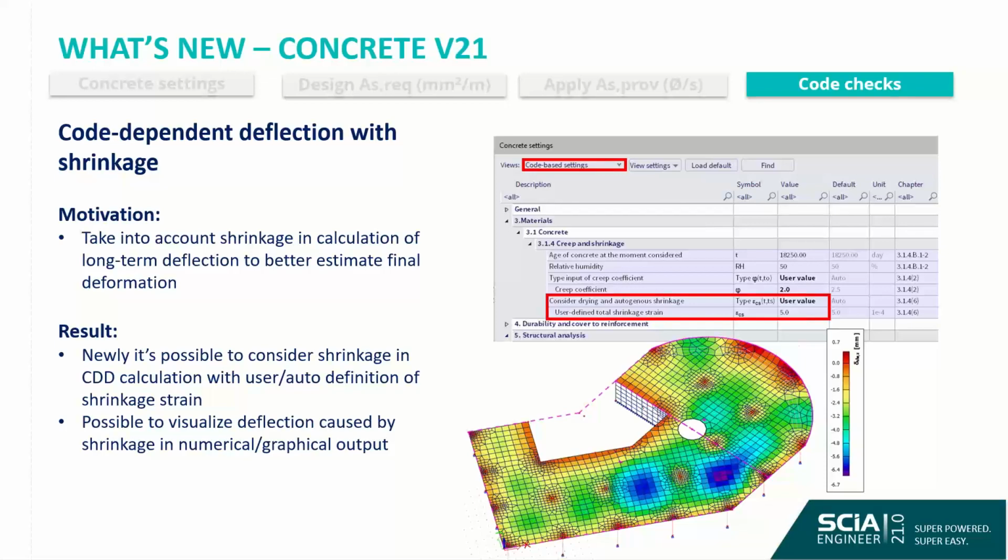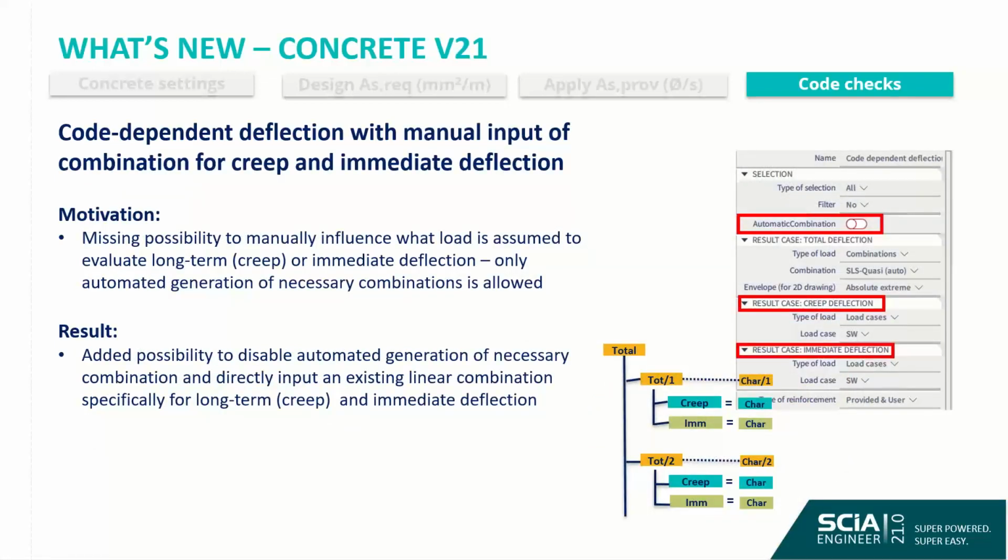About manual input of combination, until now it was just possible to use automatic combination generation. So based on your total combination for short-term effects, the necessary combinations for the long-term or immediate state were derived somehow, and you missed the functionality to somehow influence this automatic generation.